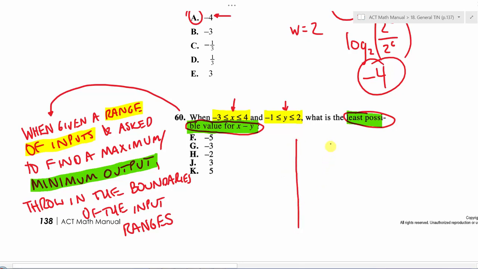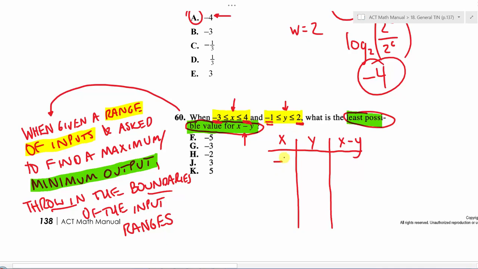Again, since I'm going to be throwing in multiple values for each of these variables and determining multiple results for x minus y, I'm going to make a little t-chart here. And this is what I mean by throwing in the boundaries. We're going to pair the low x with the low y, the low x with the high y, the high x with the low y, and the high x with the high y.